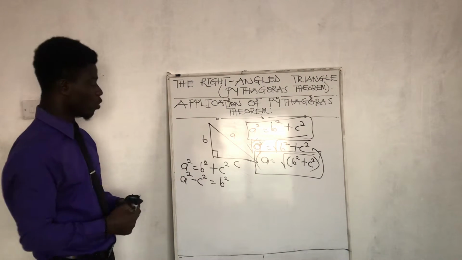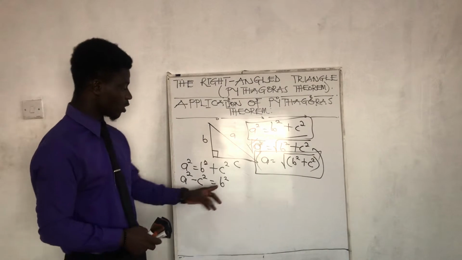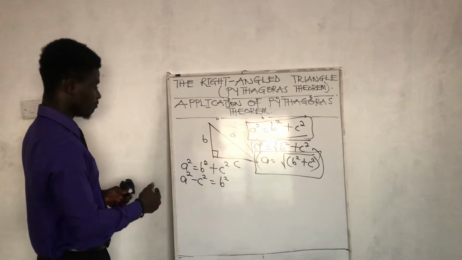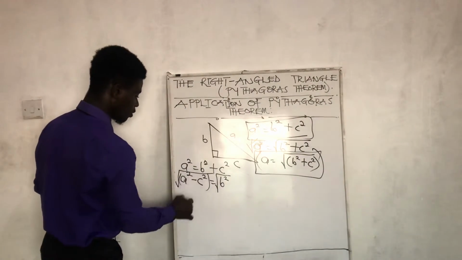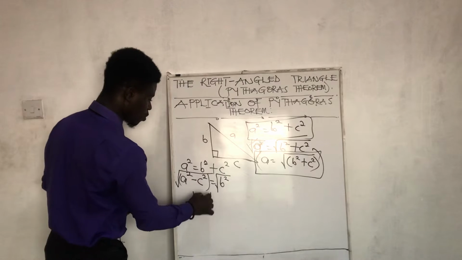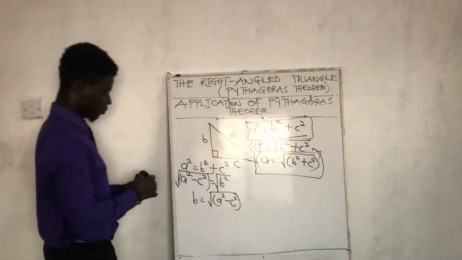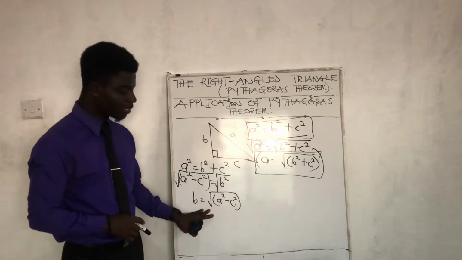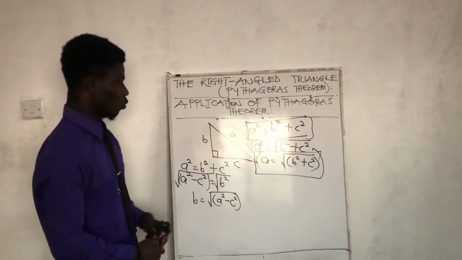Now we take the square root of both sides of the equation to remove this square. So I'll get B equals the square root of A squared minus C squared. So we've made B stand on its own.